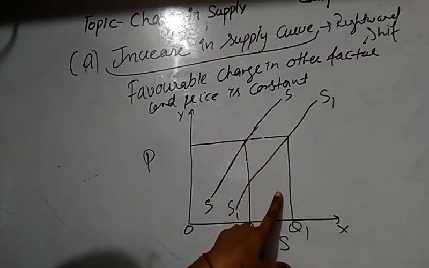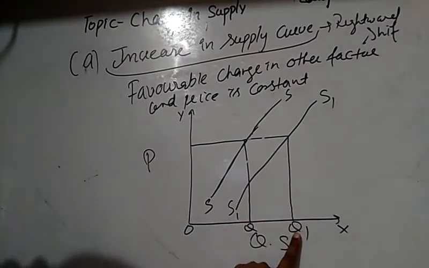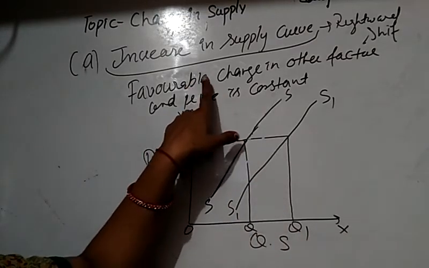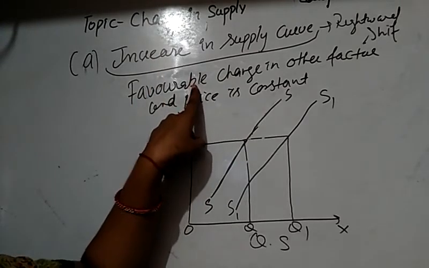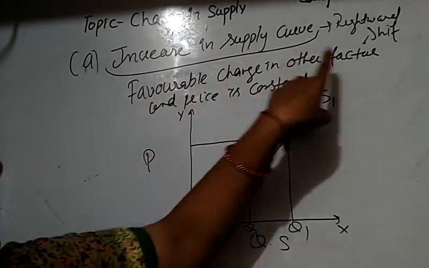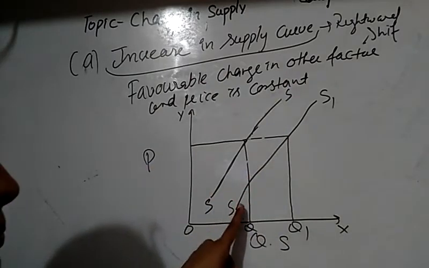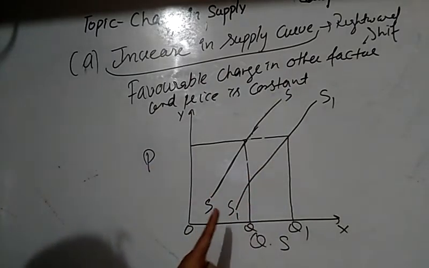When the price is constant, the supply of the commodity changes, and it is increased to Q1. Why is it increased? Due to favorable change in other factors, the quantity supplied of the commodity increases.